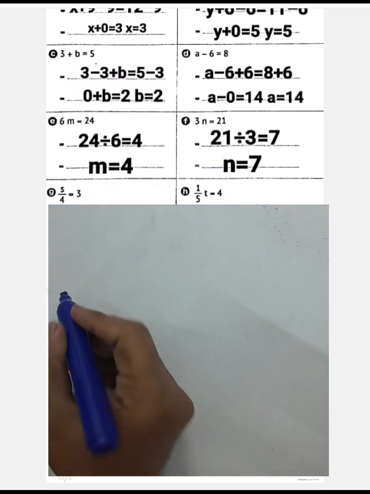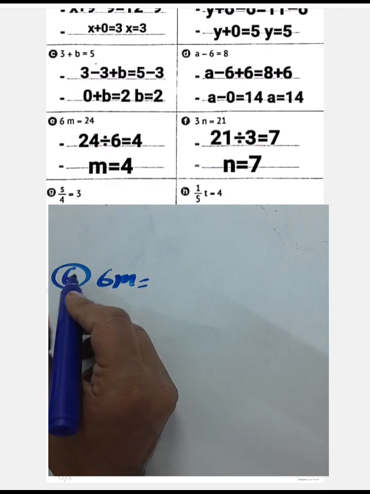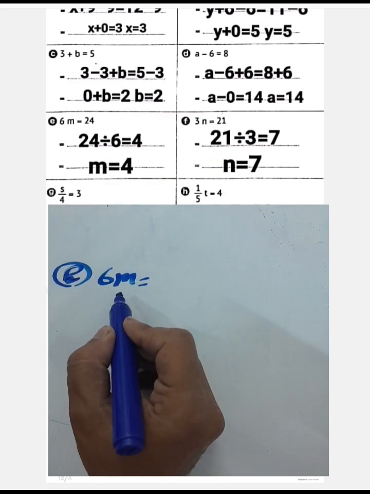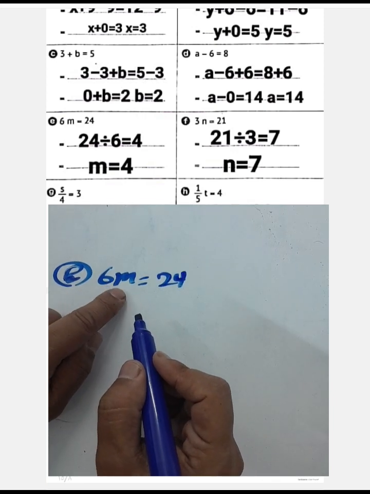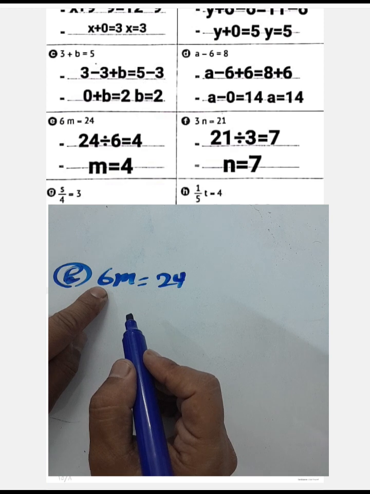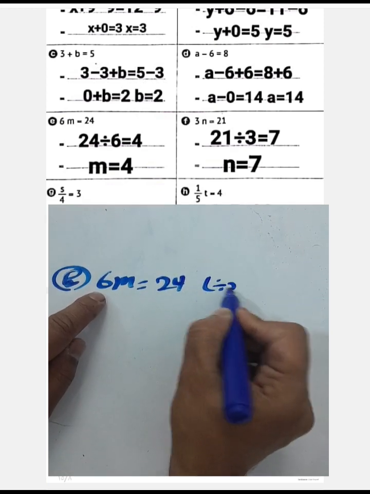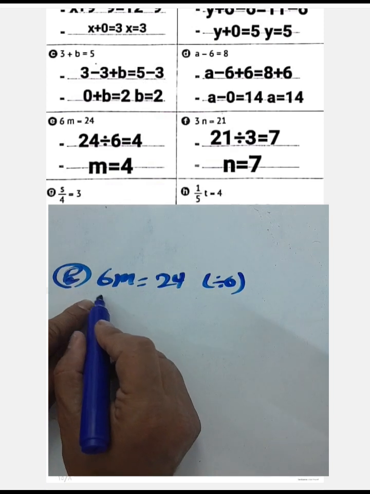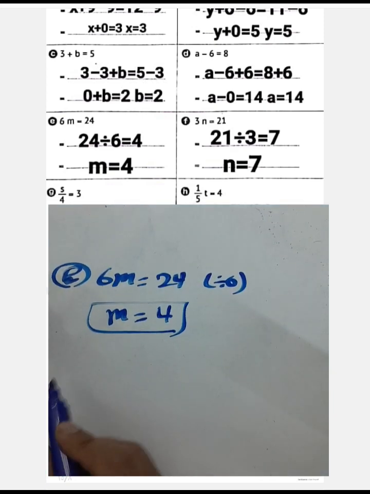Letter E. 6m equals 24. You must cancel the coefficient of the algebraic factor here. The coefficient 6 is a numerical factor. You cancel it by dividing by 6. 6m divided by 6 is m, and 24 divided by 6 equals 4. Then m equals 4.